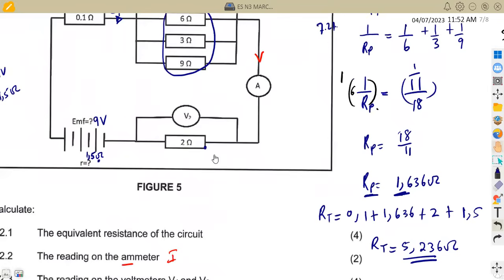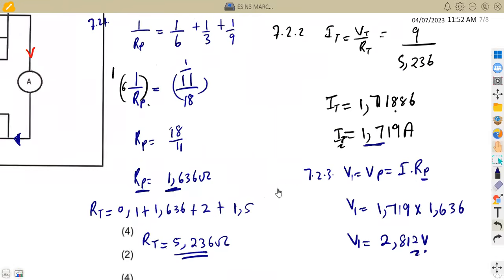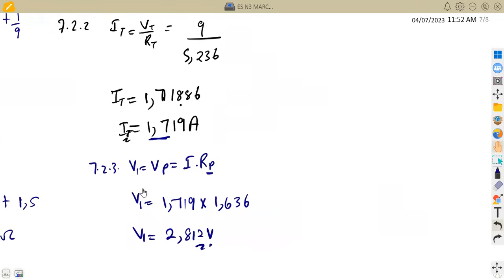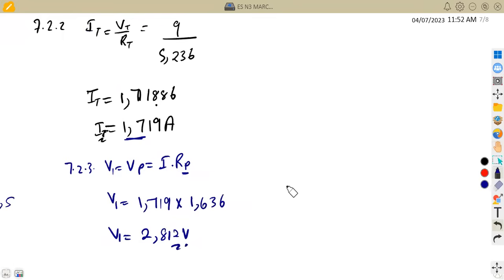V2 is a voltage connected across the 2 ohm resistor. Taking note, the same current is going to flow through this, which is the total current. So our V2 is going to be the total current times R2.